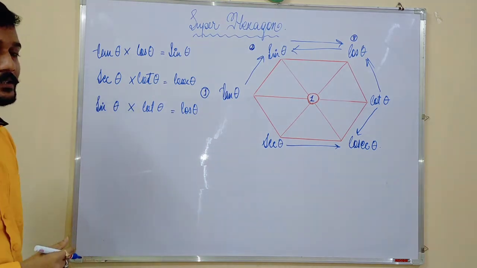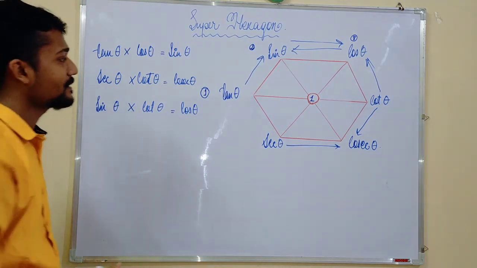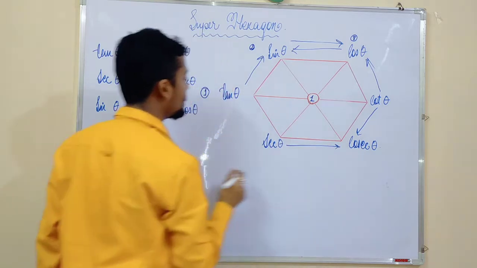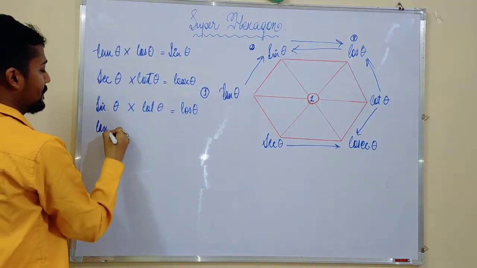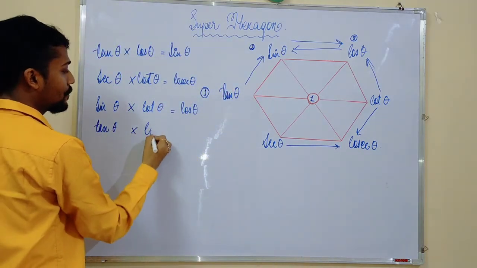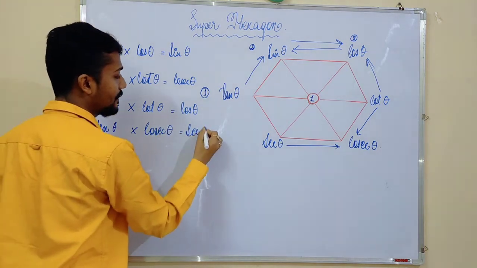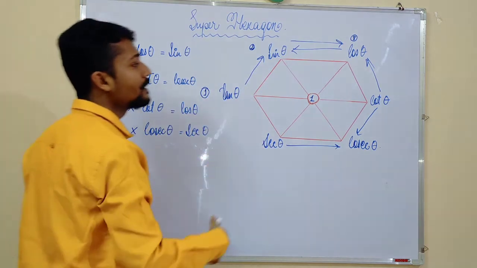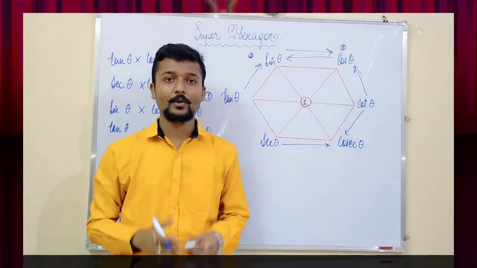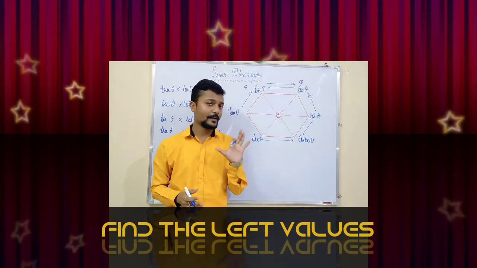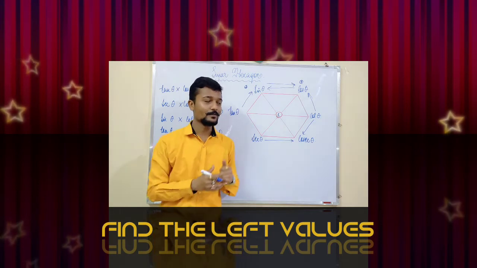Can you find out the others? Yes, tan into cosec is equal to what? Tan theta into cosec theta is equal to sec theta. Similarly, you have to find out the other values. Will you be able to do it? I give you 5 minutes to find it out. So, finish it.